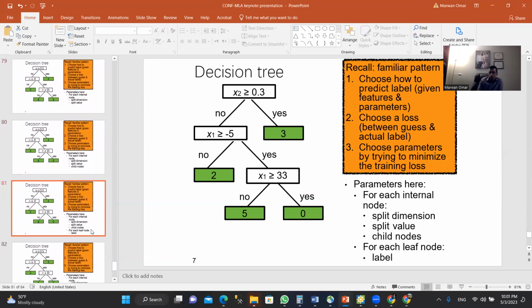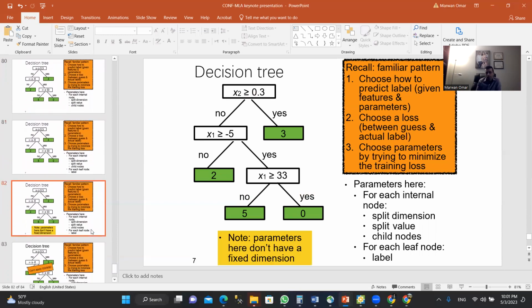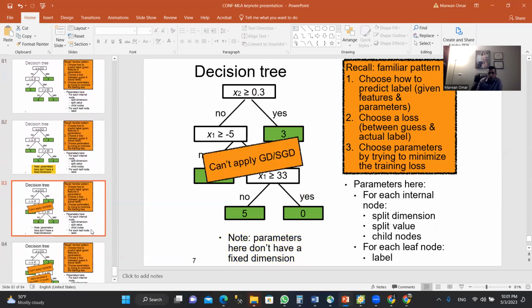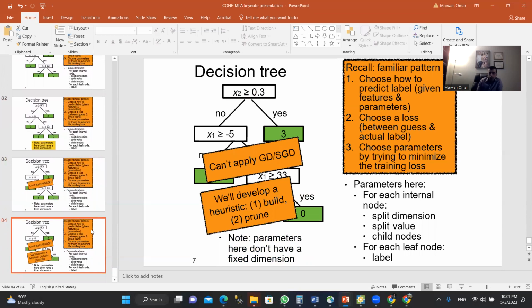For each leaf node, there is a label. And parameters here don't have a fixed dimension, so you can't apply gradient descent or stochastic gradient descent. We will develop a heuristic, build and prune. And this is at the end of the presentation. Thank you.